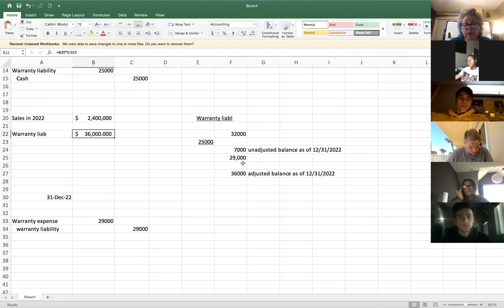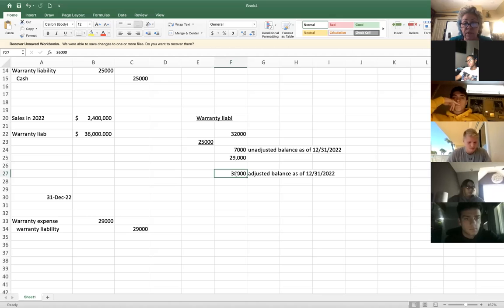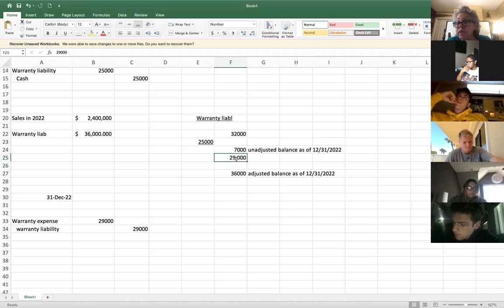So that means we want the adjusted balance of our warranty liability to be $36,000, but because we had overestimated our warranties in 2021, our warranty expense in 2022 is going to be lower.